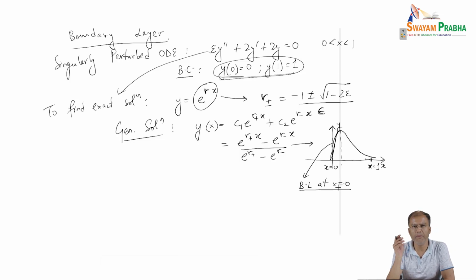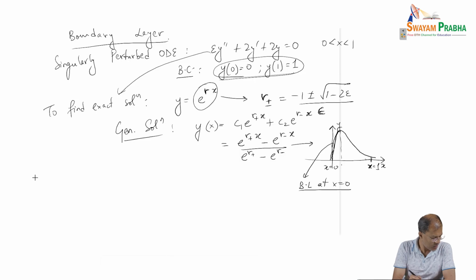So a boundary layer implies that we have a very sharp variation of the solution near one boundary. That is when we expect the formation of a boundary layer, and numerically, when we want to solve a problem involving a boundary layer, we have to take a lot of grid points and resolve it more accurately because of the sharp variation.